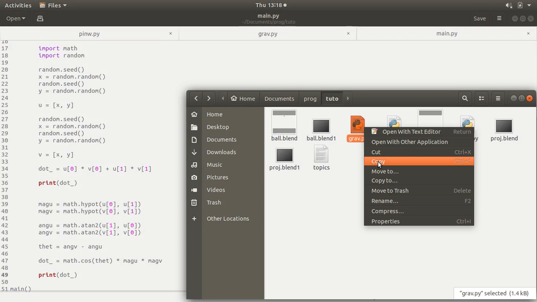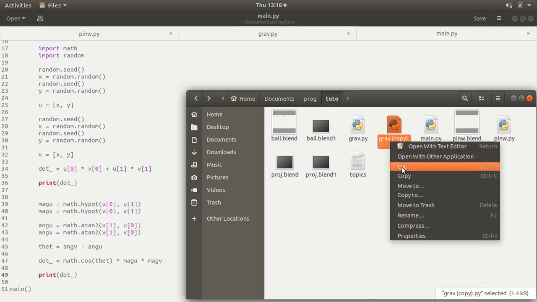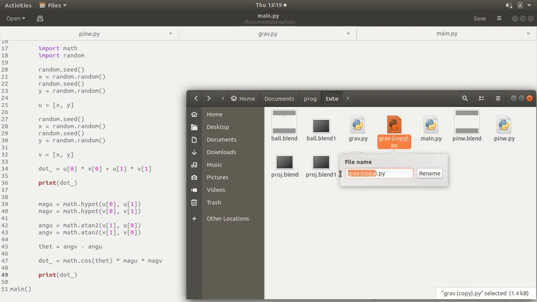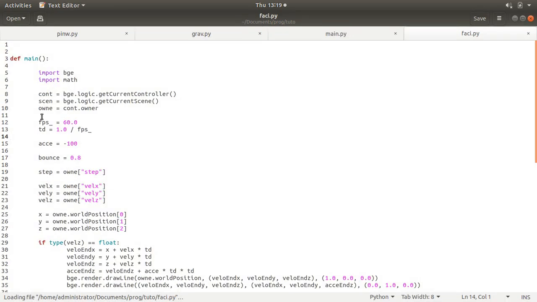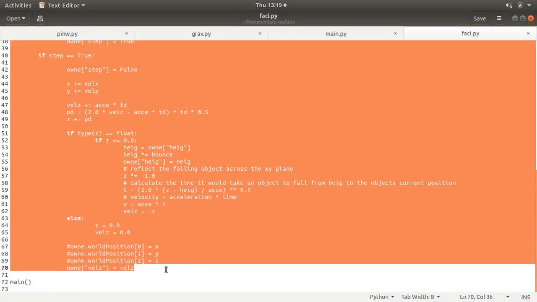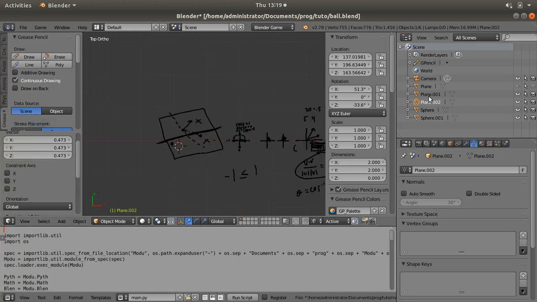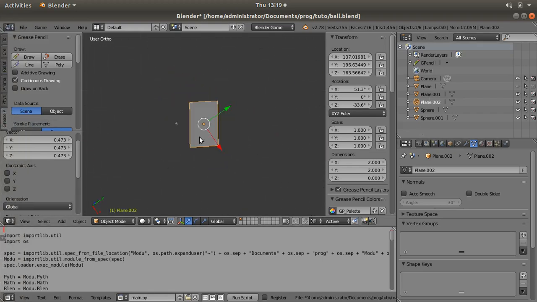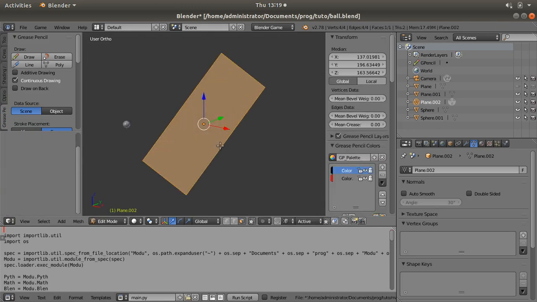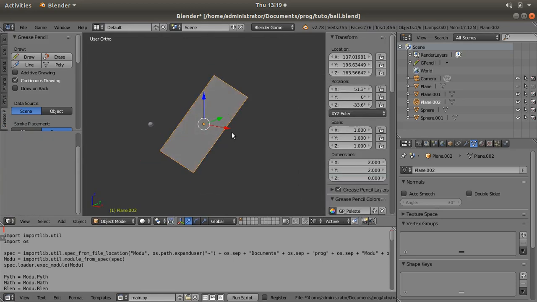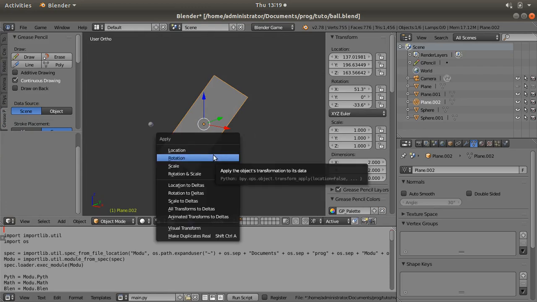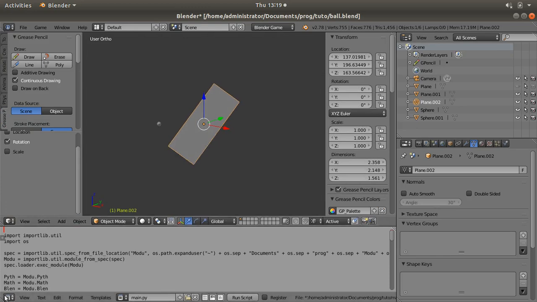Copy my gravity script, and I'll call this facing. And I'll just get rid of all of this. The first thing I want to do is get my normal, so I'm just going to hard code it. So I'm going to apply the rotation and look it up in the console.